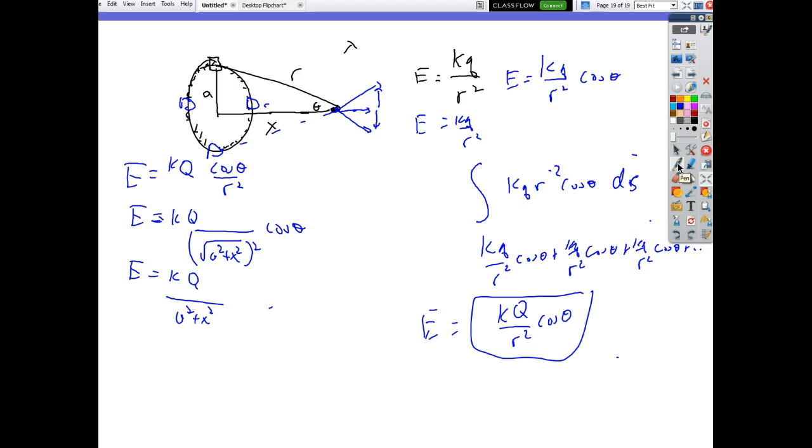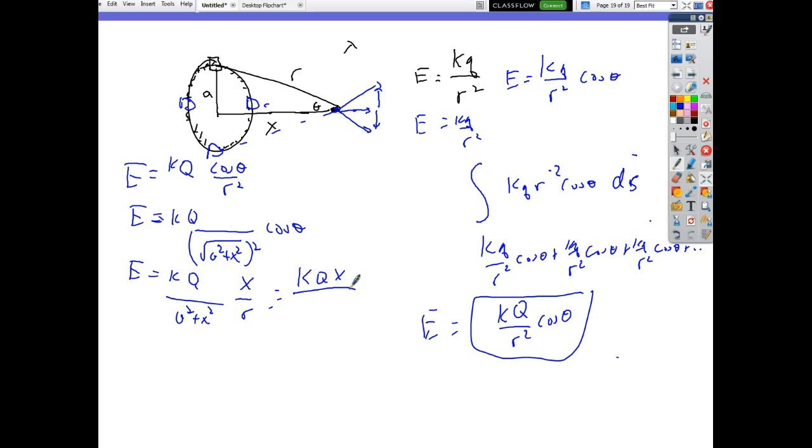Cosine theta is adjacent over hypotenuse. Here's my theta, so it's x over r. This becomes x over r, agreed? And to ugly it up further, because we must ugly things up as much as we possibly can, r is the square root of a squared plus x squared.